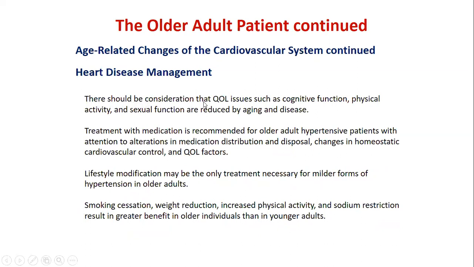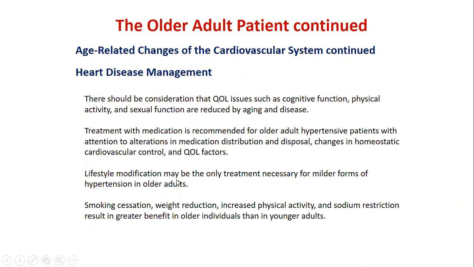What next? We should also consider quality of life issues, such as cognitive function, physical activity, and sexual function, which are reduced by aging and diseases. Treatment with medication is recommended for older adult hypertensive patients, with attention to alterations in medication distribution and disposal, changes in homeostatics, cardiovascular control, and QOL factors.